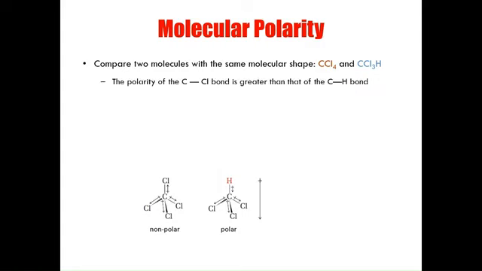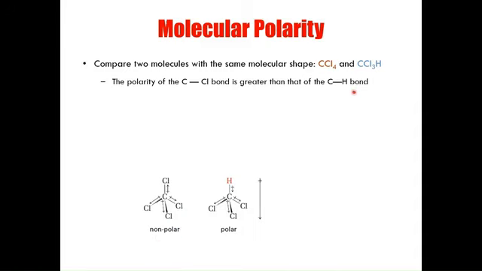Well, if you look exclusively at the bonds that make up this compound, it's very difficult to explain this phenomenon. A bond between carbon and chlorine is polar because the difference in electronegativity between these two elements is 0.5. And so carbon tetrachloride has 4 of these polar bonds and yet is nonpolar.